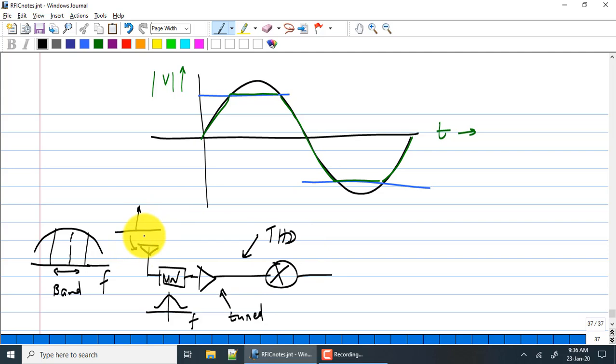at the input and look at the THD, it will probably look excellent if my receiver is very high Q. If I build an antenna which is extremely narrow band, if I build a matching network with a very high Q, if I build an LNA that is a strongly tuned amplifier, what will happen is that the THD will look very good.